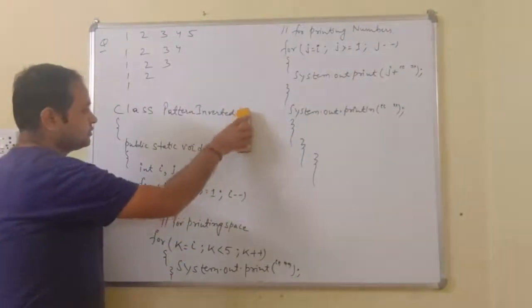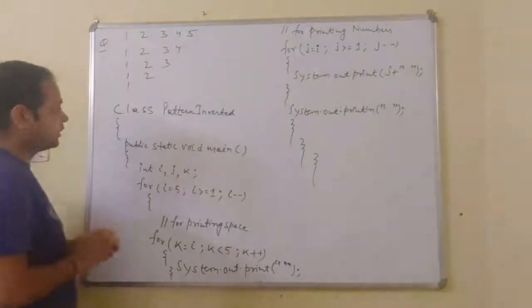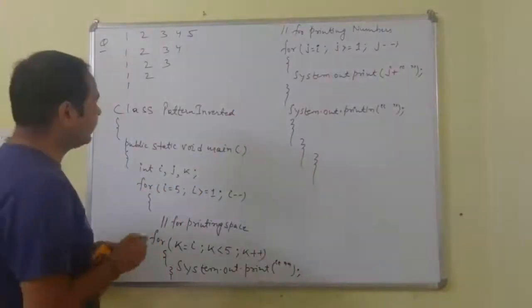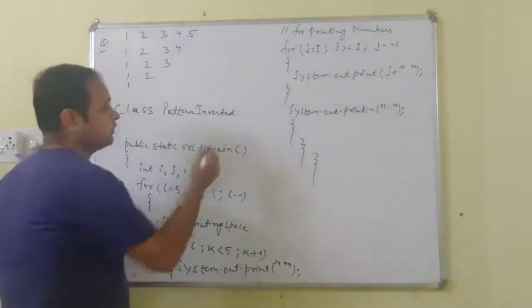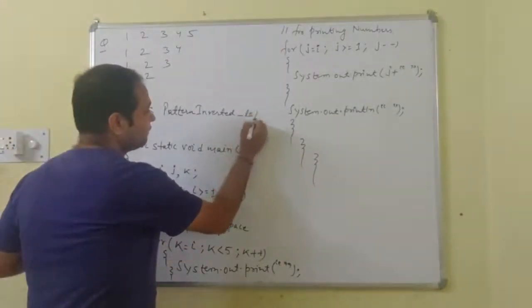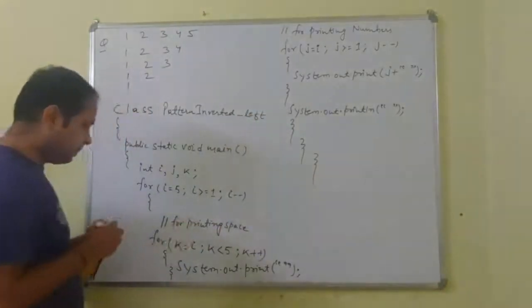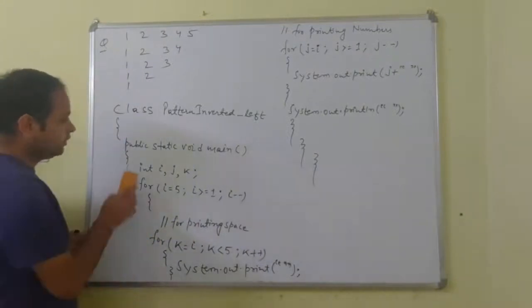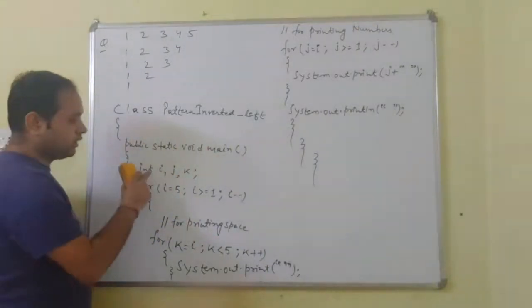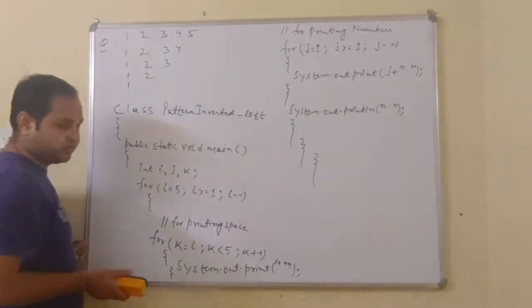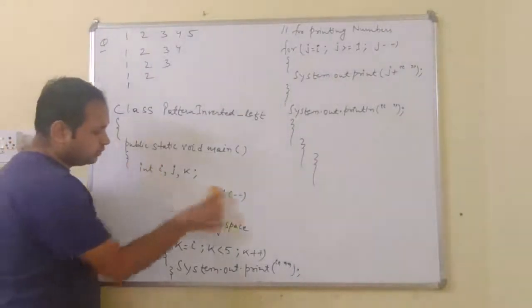Just change the thing. I will just add a class name and write here pattern inverted underscore left. Thereafter, I can write public static void main, int i, j, k. 3 variables will be required. Now I run the loop.